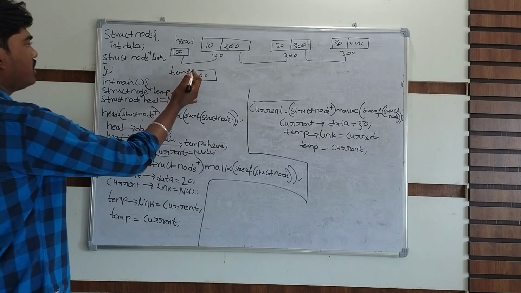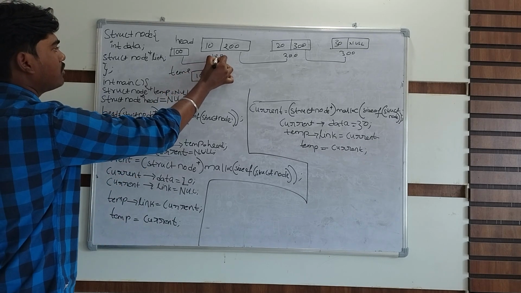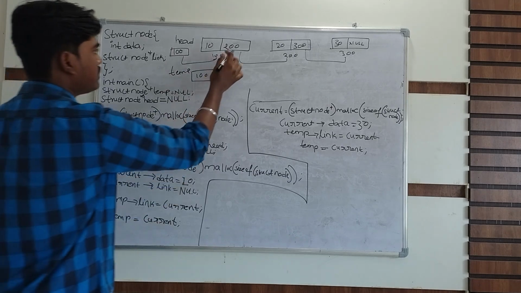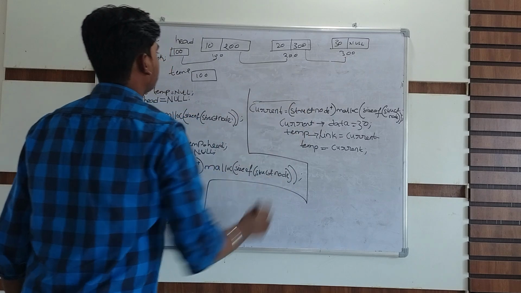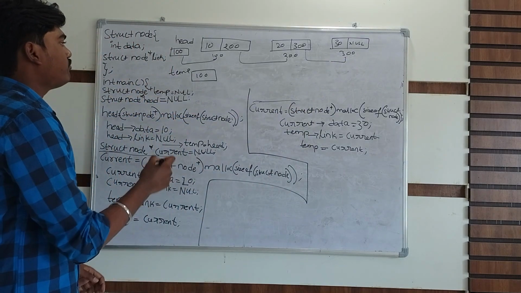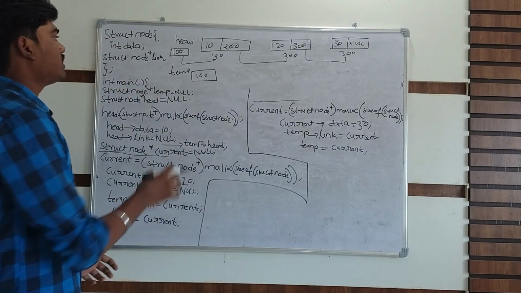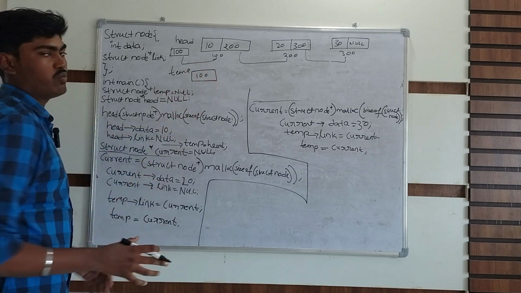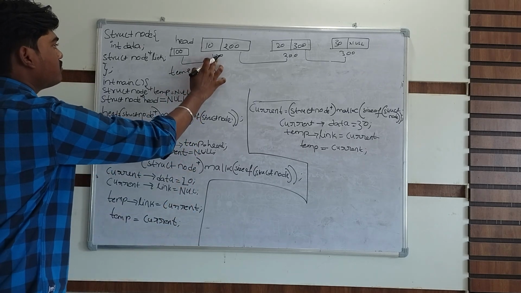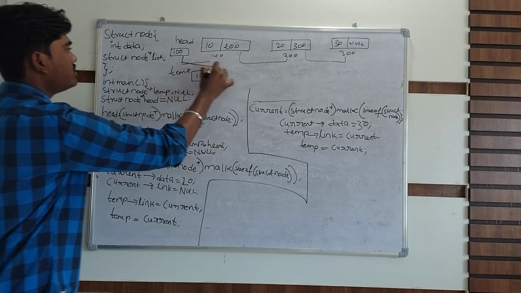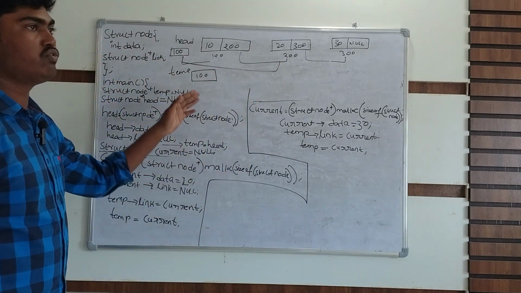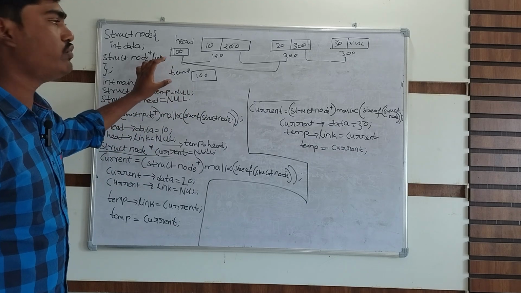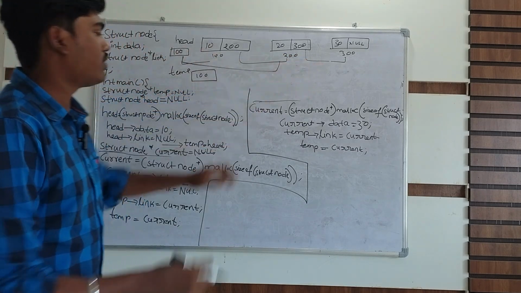Here initially head is pointing to the first node, and the first node is pointing to the second node, pointing to the third node. Here we cannot traverse with the head. Why? Traversing means starting from one point and moving to all the nodes one by one.